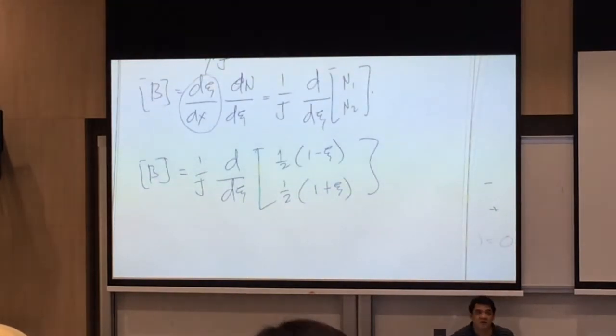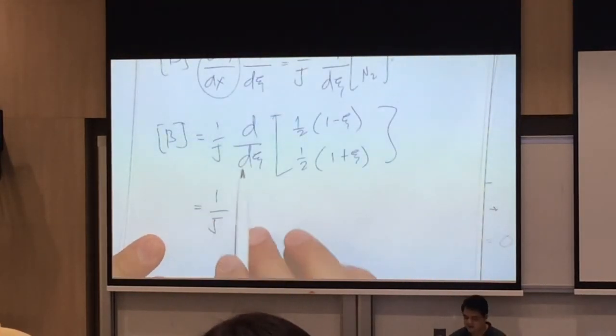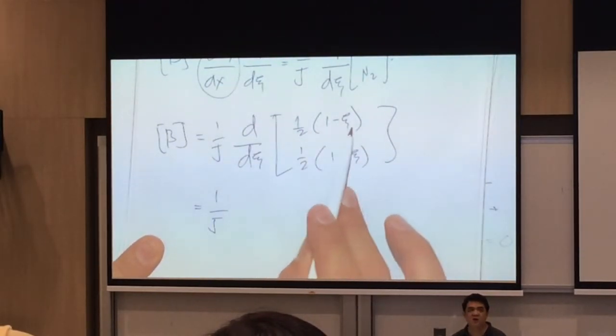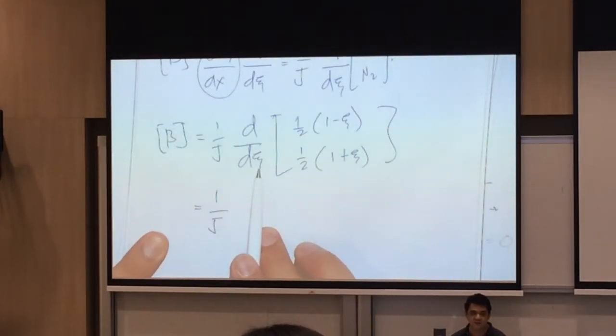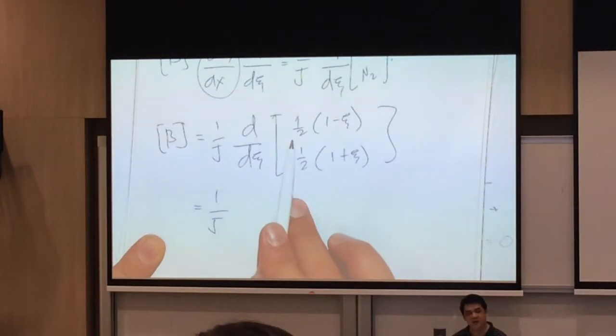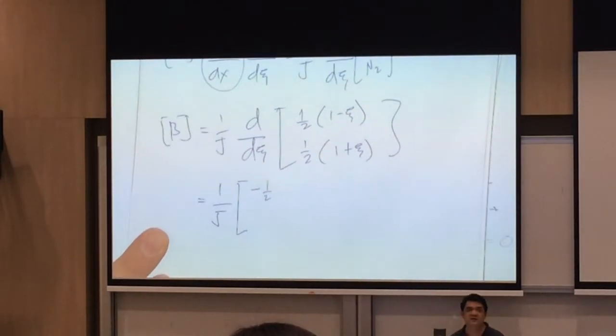So getting better now, I hope. So that this one now is 1 all over j. Derivative of 1/2 multiplied by 1 minus the c with respect to the c. What is that? So this one is negative 1 multiplied by 1/2. That will be negative 1/2. Yes?